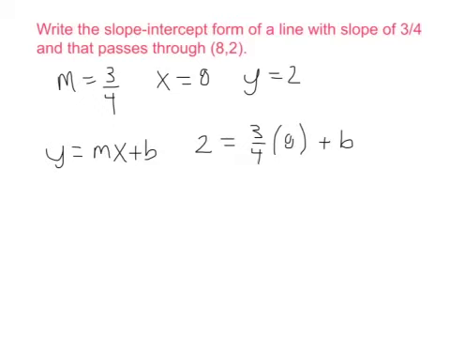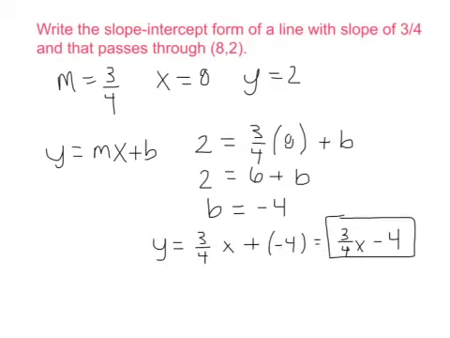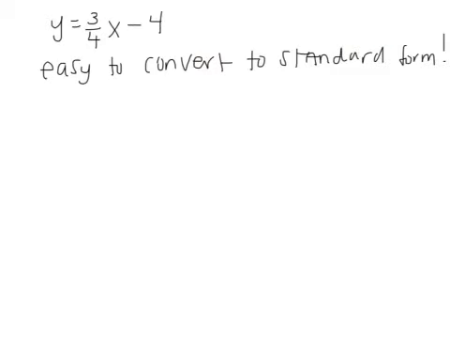Then, to find our y-intercept, all we do is solve for b. We now can rewrite the equation, including our value for b. So the equation of a line with slope 3 over 4 that passes through point 8, 2 is y equals 3/4 x minus 4.